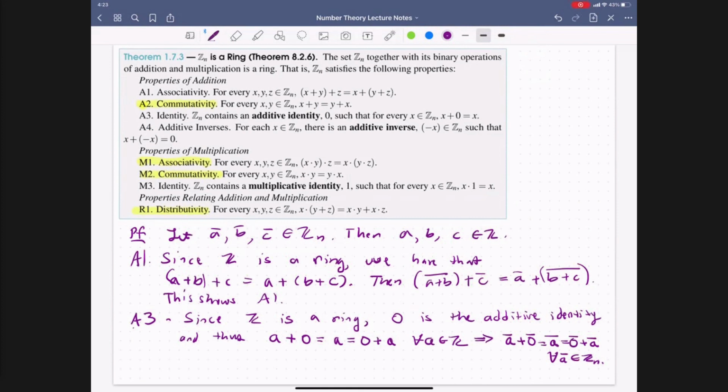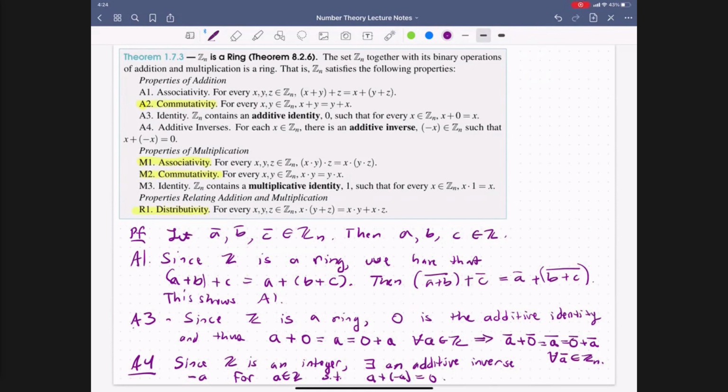Similarly, we can go to A4 and use the same property. Again, since Z is a ring, there exists an additive inverse minus A for A in Z, such that A plus minus A is equal to 0.